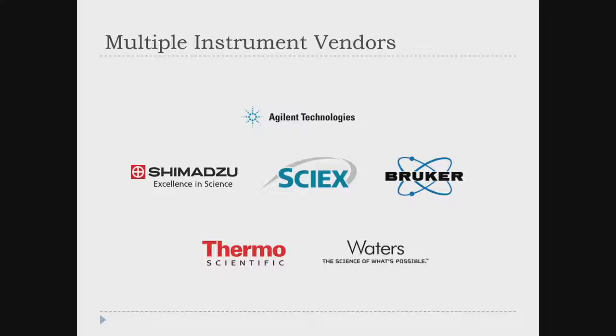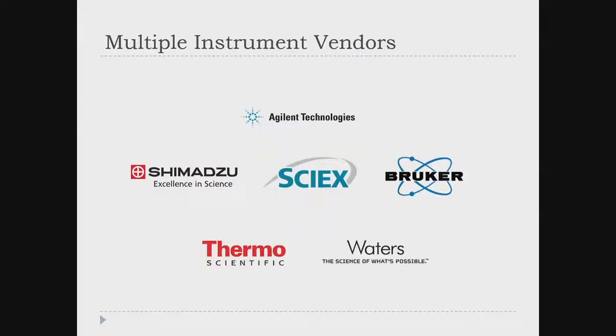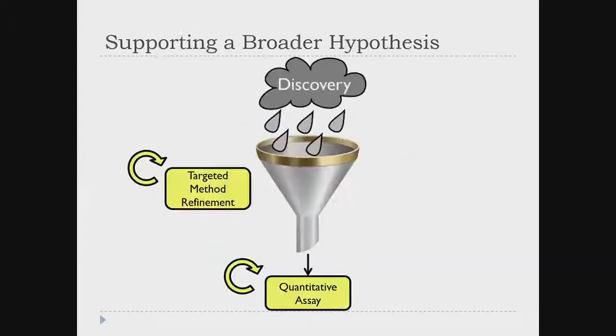Now all of these vendors are funding Skyline and working very closely with us. We have experts at all of these companies interacting with us to make sure that Skyline stays working well on their instruments. The side benefit is that you can learn Skyline on some instrument, and you can do DIA on Bruker instruments, in fact, and then you can go to another lab that uses different instrumentation and still keep using Skyline.